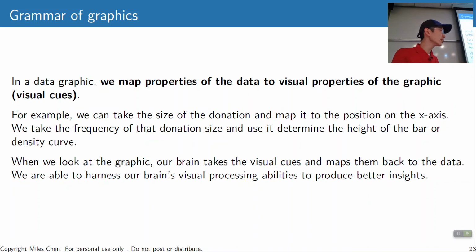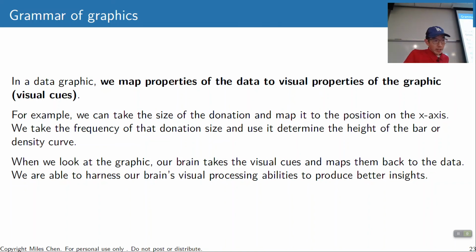How much money did somebody donate? Did they donate $100, $1,000, $10,000? Depending on how much money, we're going to affect something on the x-axis. So $100 goes over here on the x-axis, $1,000 goes in another position on the x-axis. And we take that frequency and determine how high or low to make the density curve and things like that.